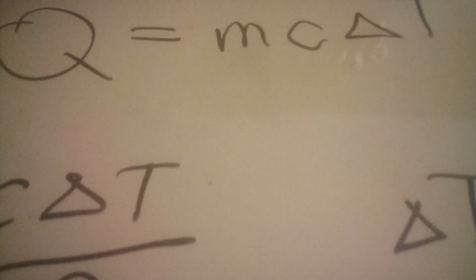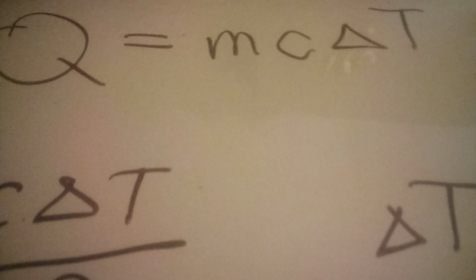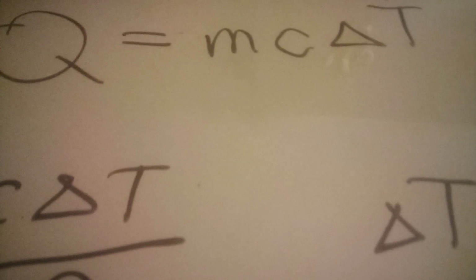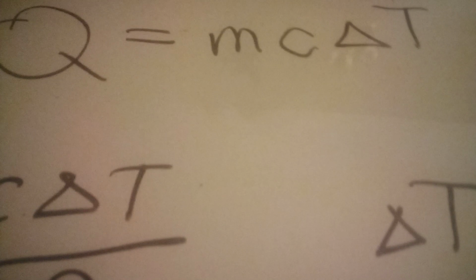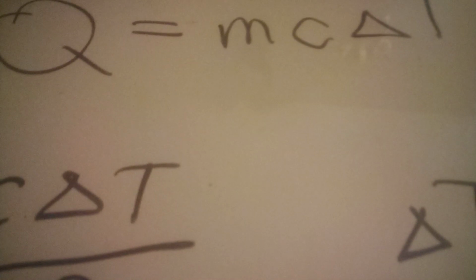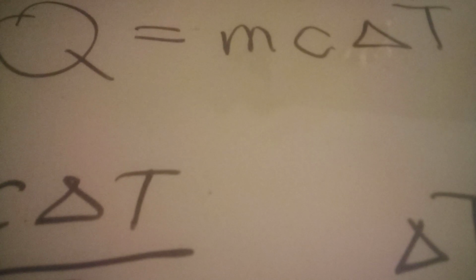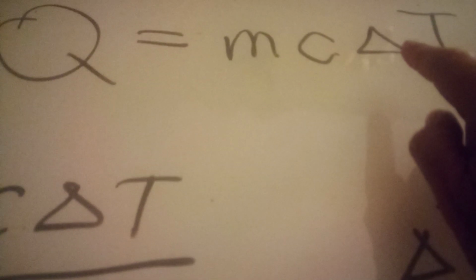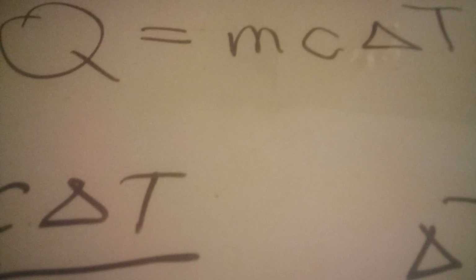Q, the amount of heat, represents the amount of heat we want to get from the stove, which represents how long we want to put the thing on the stove. If we have more water in a pan rather than less, we're going to have to leave it on the stove longer to heat up more water, right? And we're going to have to use more heat to make it boil than if we just want to warm it up. That makes sense, right?